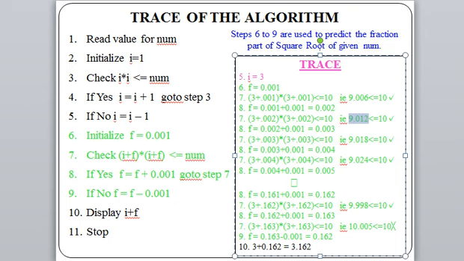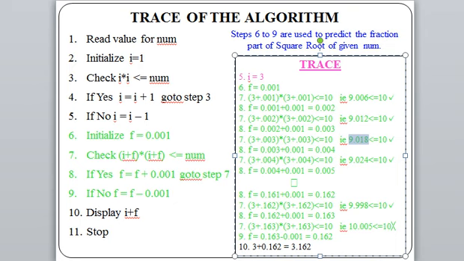Then again we have to add to the previous value of f, that is 0.002, by 0.001 to get the new value of f, which is 0.003. Now 3 plus 0.003 multiplied by 3 plus 0.003 gives 9.08, which is again less than 10.